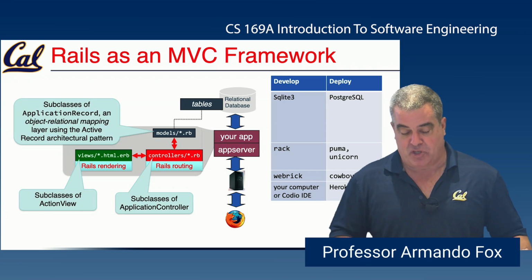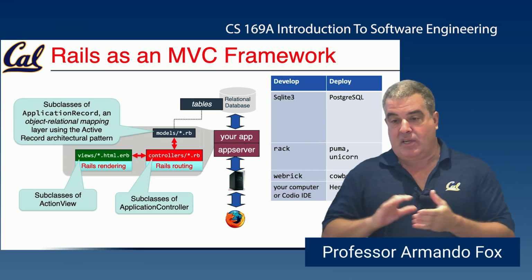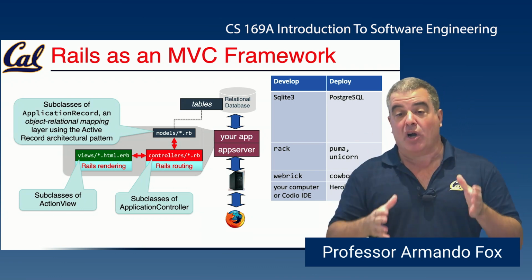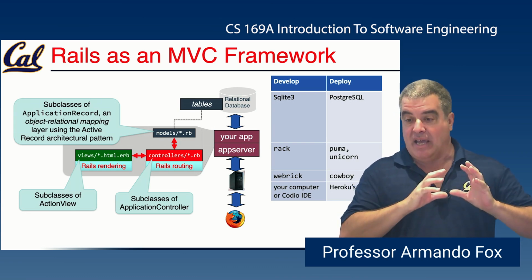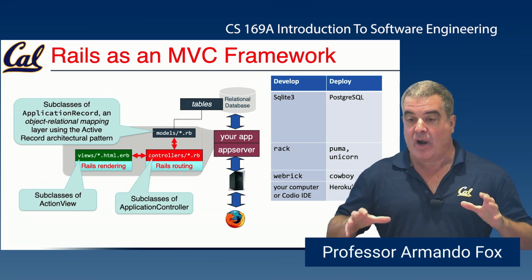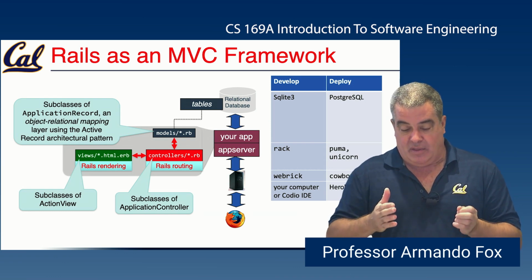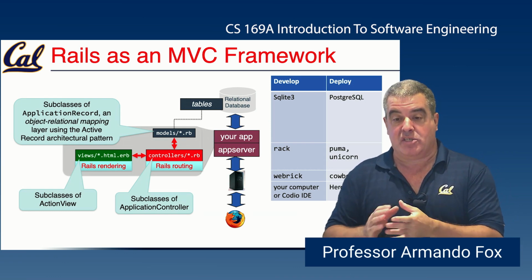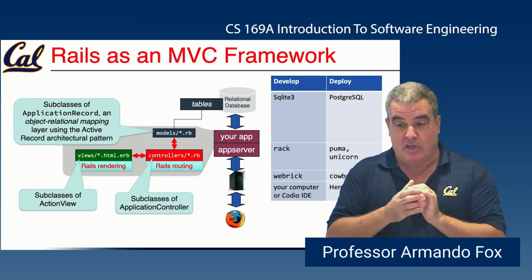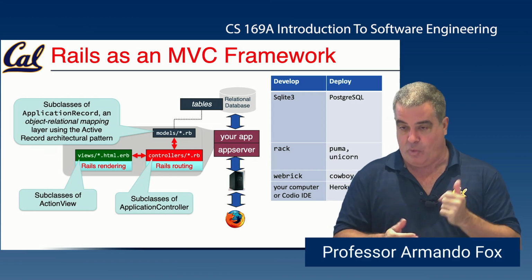But this is the big picture, right? Rails reifies the concepts of model-view-controller. It has strong abstractions that define how each of those things is implemented in your app when it's a Rails app. And it has facilities for having different implementations, different infrastructure components that can host the database, the app server, the web server, and so on.